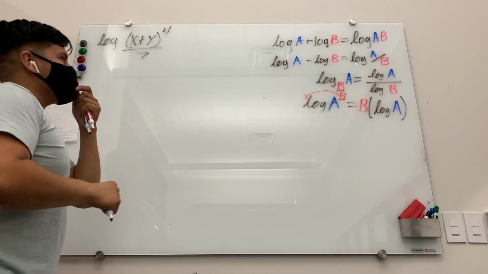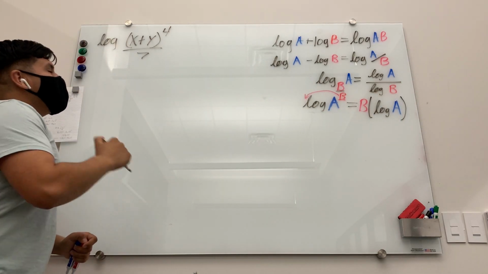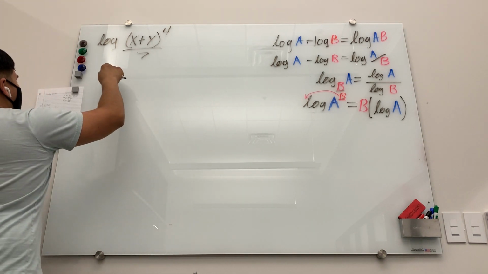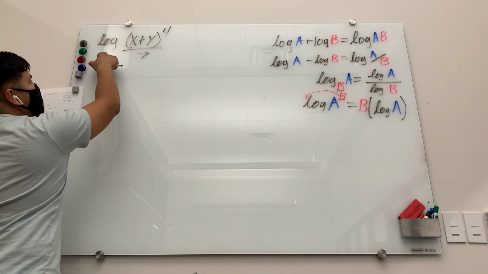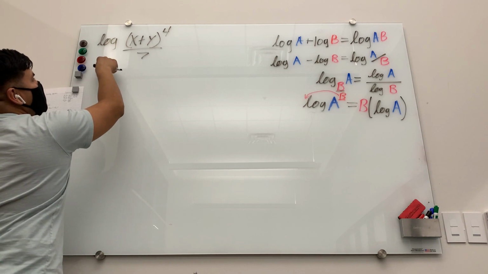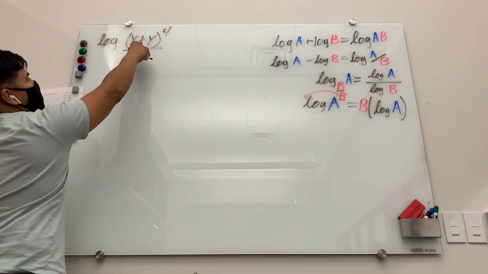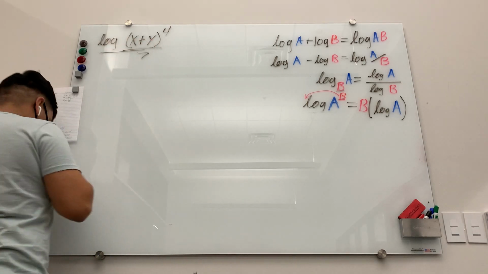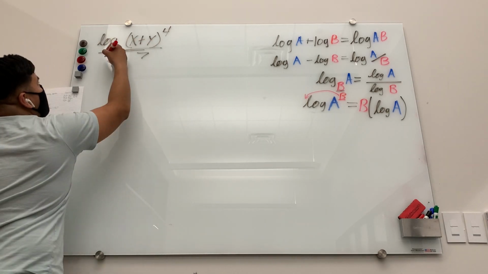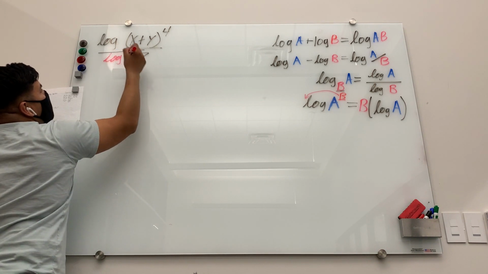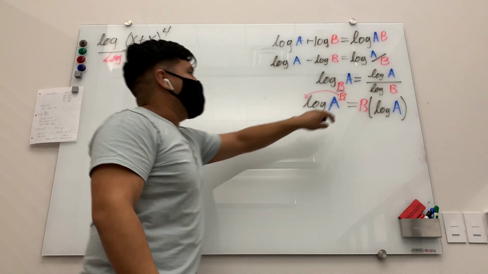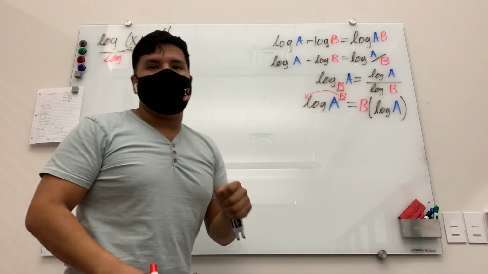You know what? Looking at this, we only have a single log out front. If we were to have log of x plus y to the fourth over log of 7, then we would be able to use that other property.